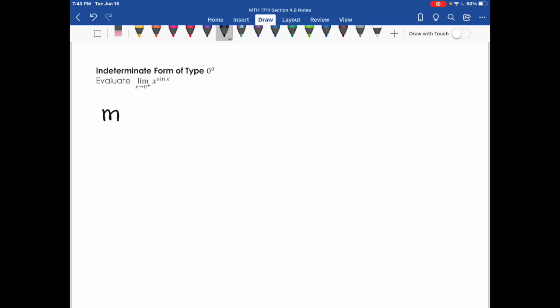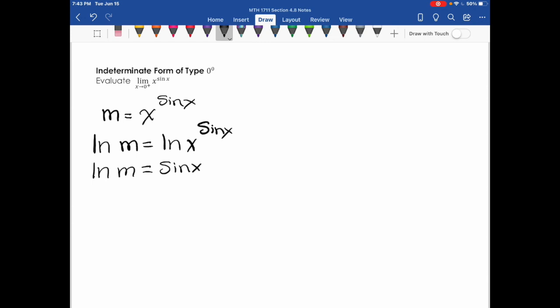We're going to try that substitution trick again, where we let m be equal to x to the power of sine x. And then we're going to take the log of both sides. And then we can bring that sine x down in front.